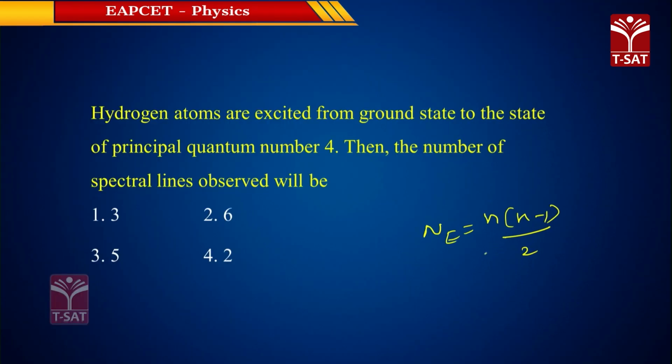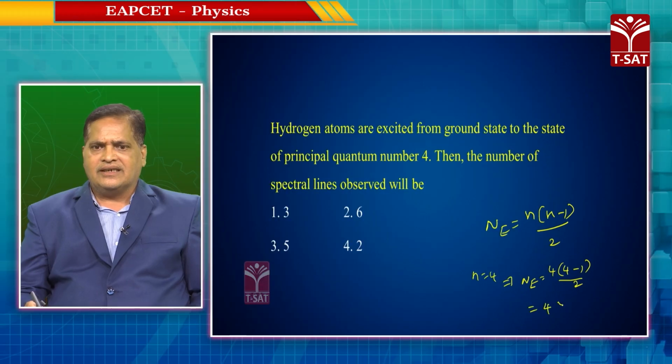This is the formula children. Here n is equal to 4 is given. You substitute 4. Therefore Ne is equal to 4 into 4 minus 1 by 2, that is 4 into 3 by 2.